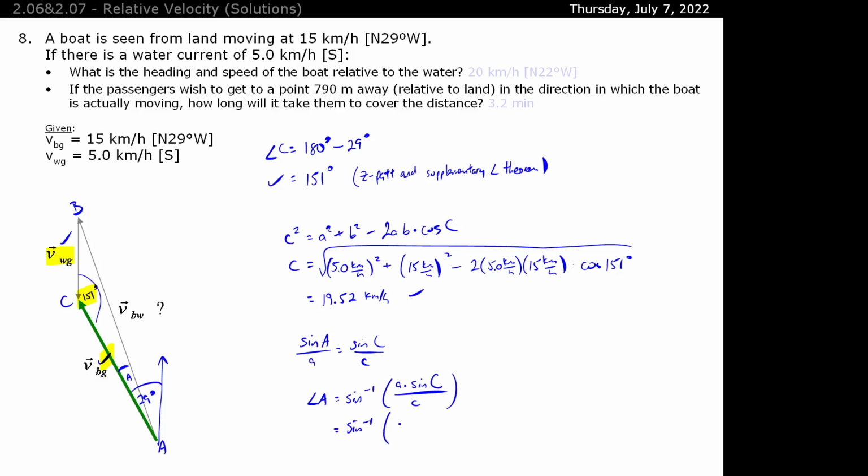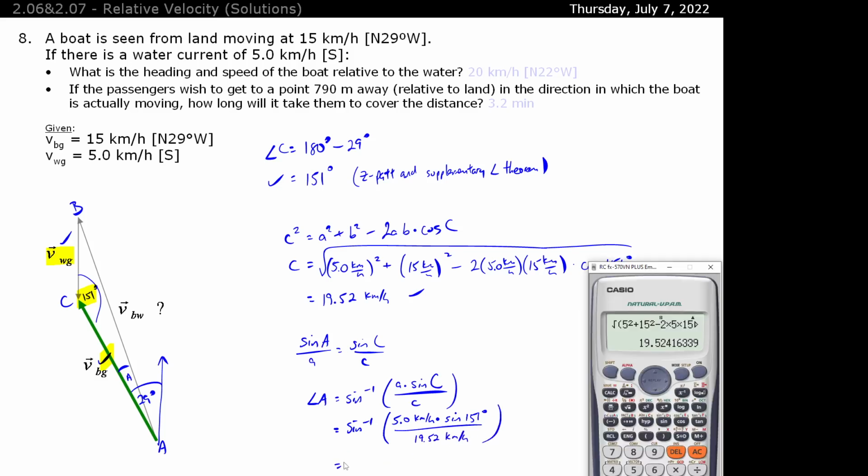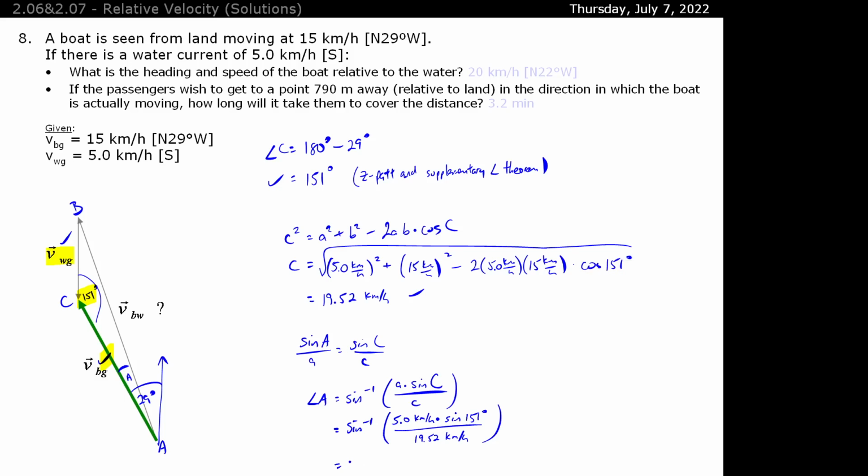Little a is WG, which is 5.0 kilometers per hour times the sine of 151 degrees divided by 19.52 kilometers per hour. That gives 7.13.